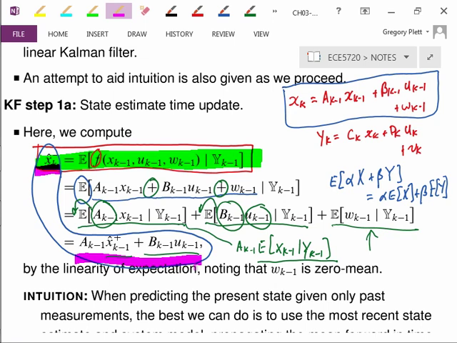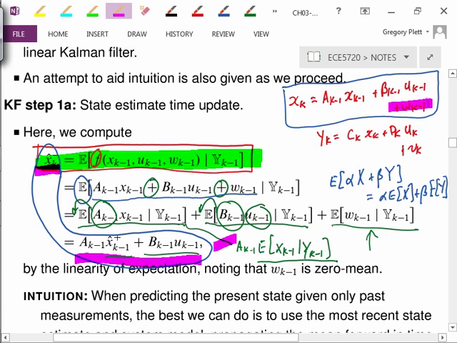So the prediction of the state right now is accomplished by taking the estimate of the state at the previous time step and propagating it forward in time using the state equation of the model with the most reasonable assumptions. We're assuming that 0 times W, that the noise is equal to its mean.